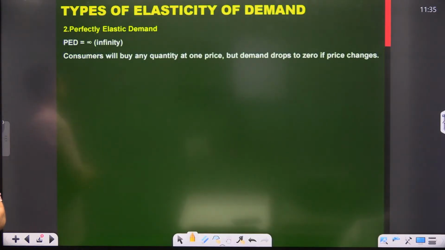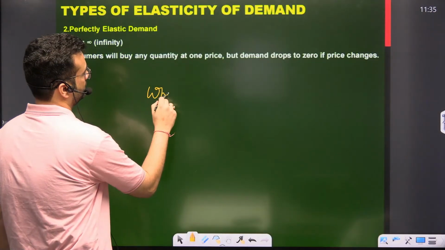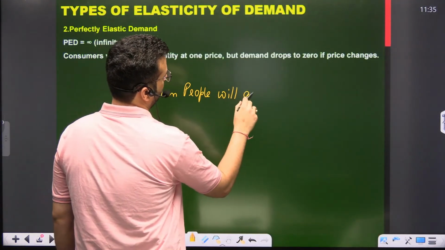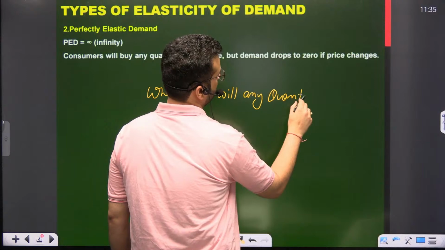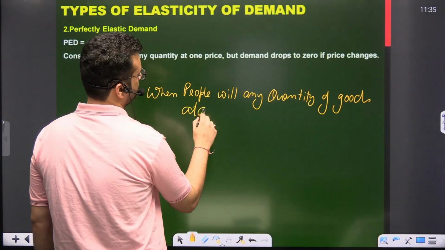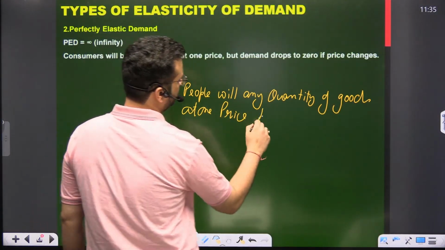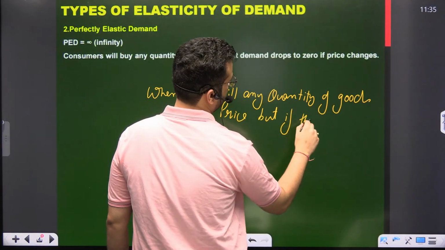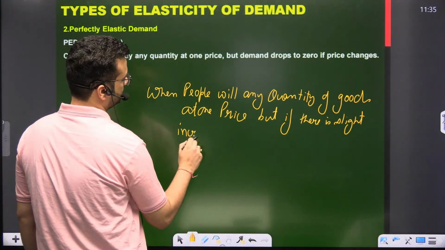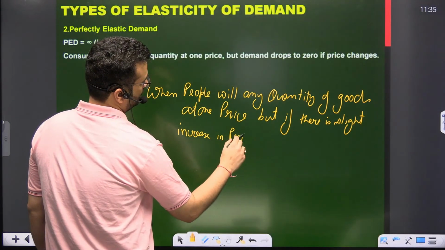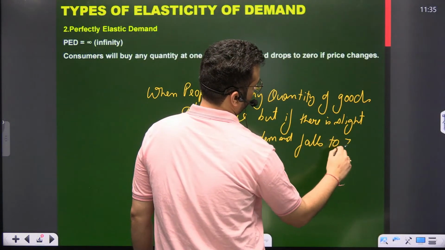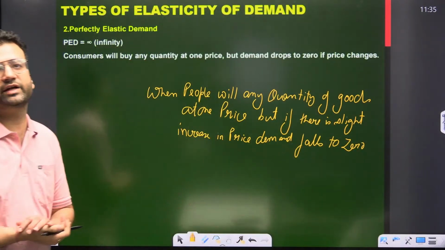Perfectly elastic demand means people will buy any quantity of goods at one price, but if there is a slight increase in price, demand falls to zero.